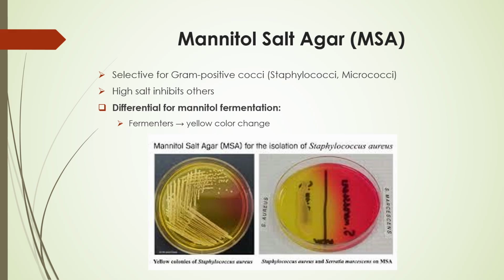On the other hand, non-fermenting organisms like Staphylococcus epidermidis do not alter the color of the medium. In clinical diagnostics, MSA is frequently used to differentiate pathogenic staphylococci from their non-pathogenic cousins.